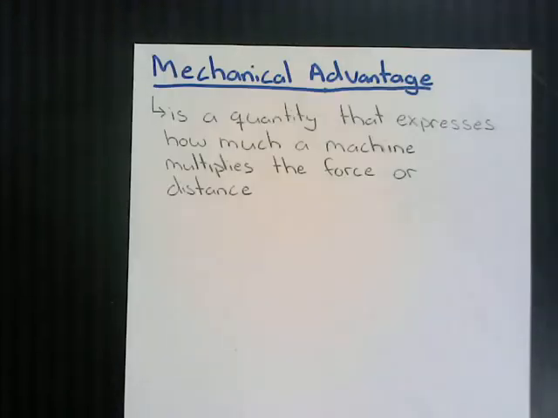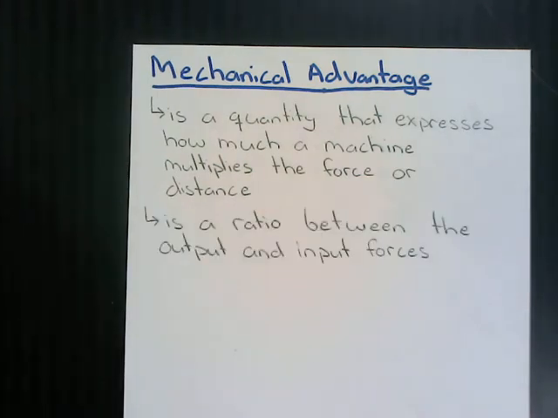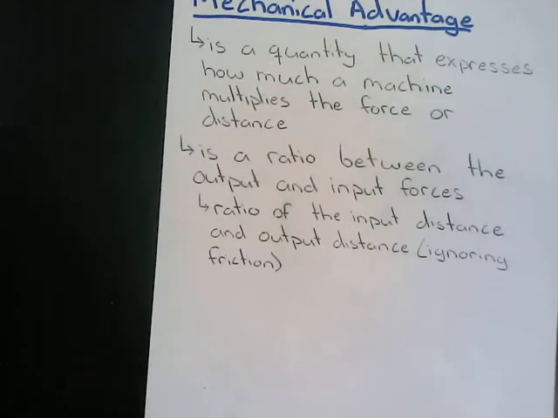In common terms, it's a ratio between the output and input forces. Or if we're talking about distance, it's the ratio of input distance and output distance. Now for that ratio with the distance, you have to ignore friction, which we're not going to factor in.